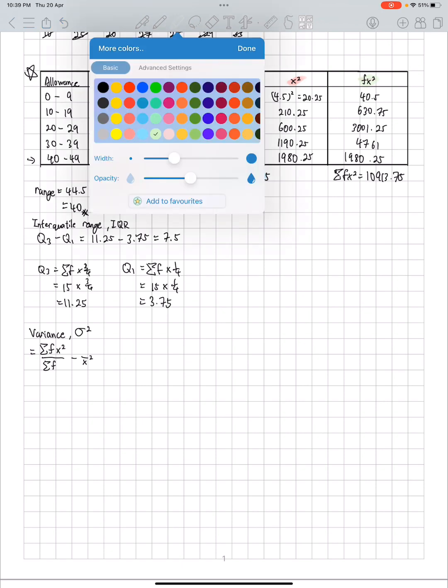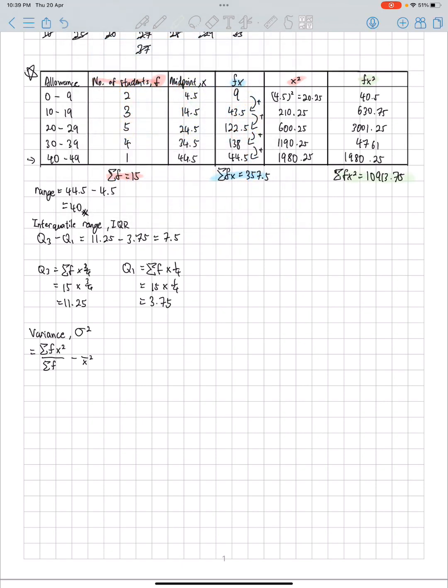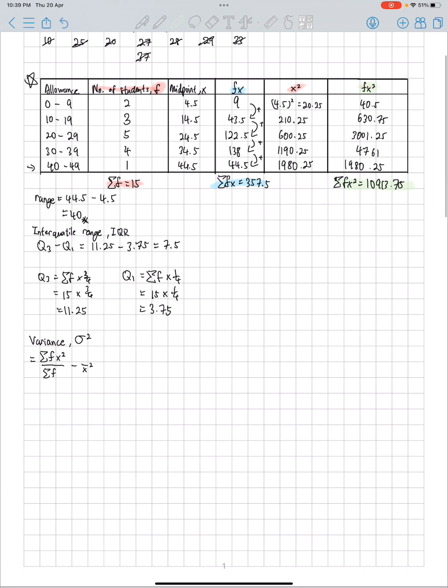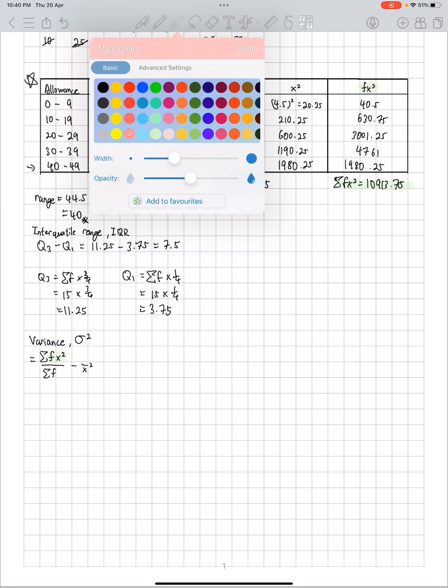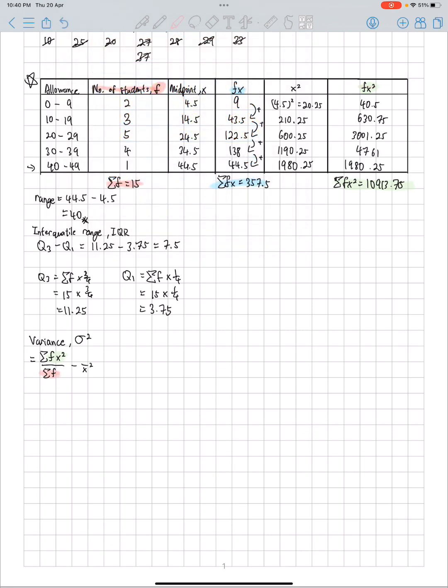Okay, so you write this out because it will help you very greatly. So you can see, wait, I erase this. Okay, so we can see fx square, which is green in color, and this one is the total number of frequency, and now we can calculate it.